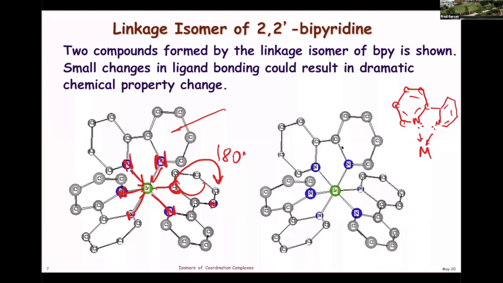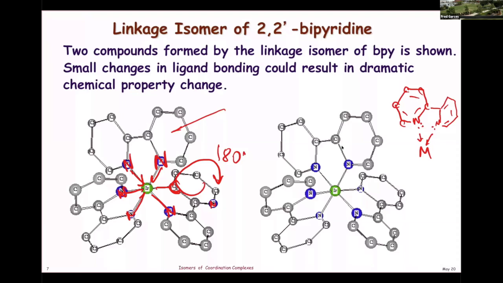So this phenomena was called orthometallation, and it gave rise to all these chemicals that were later used for the optical light emitting diodes. It's that phenomena that gives the metal unique properties to act as diodes, light emitting diodes, that is. So that right there is a linkage isomer.